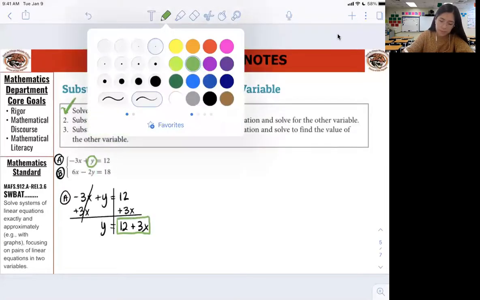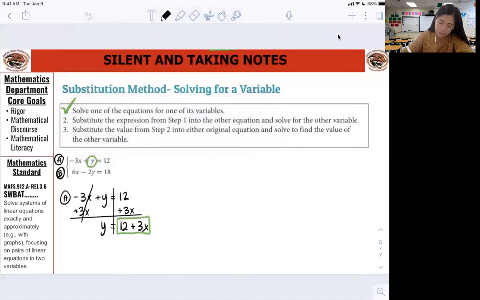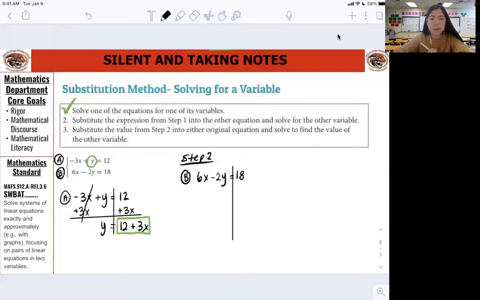Step 2. Now I take what I got as my answer and I plug it into the other equation. Since I got my answer from equation A, I will be plugging it into equation B. Okay, I go ahead and I'm going to plug in for y this time.